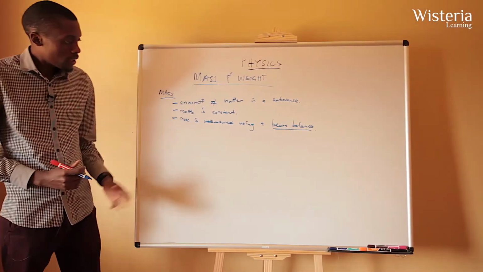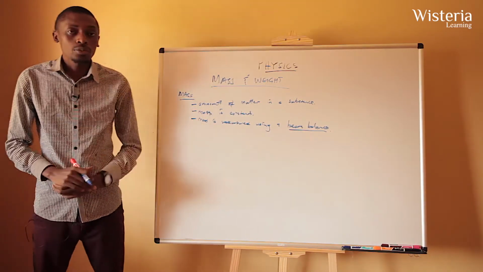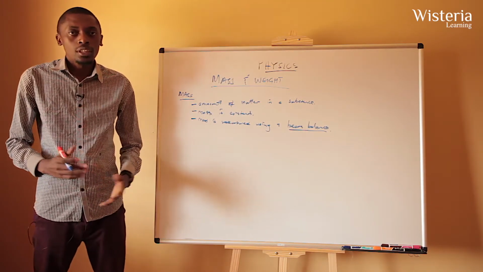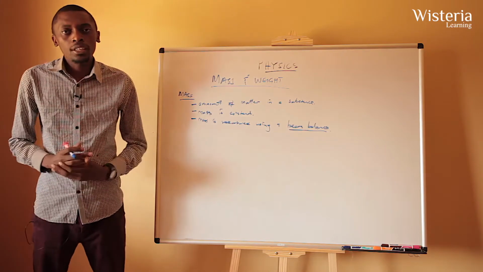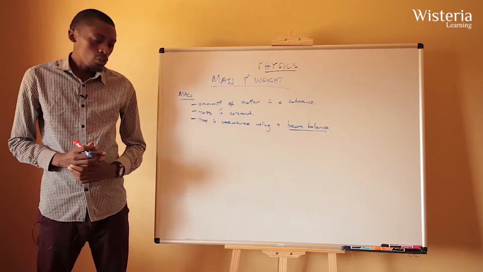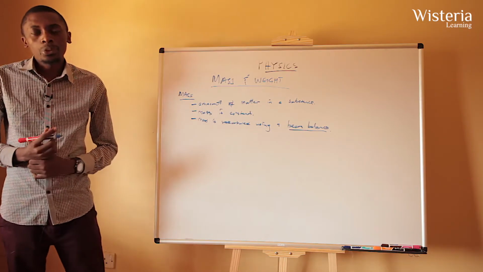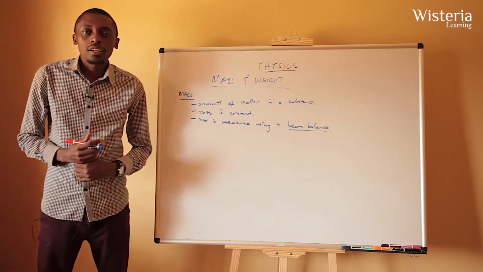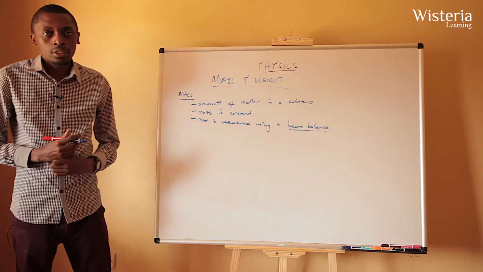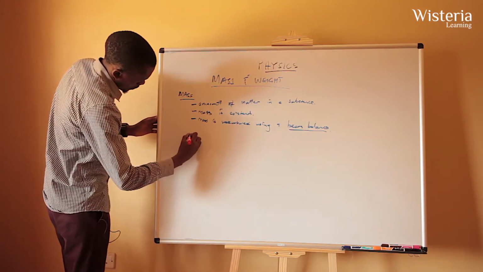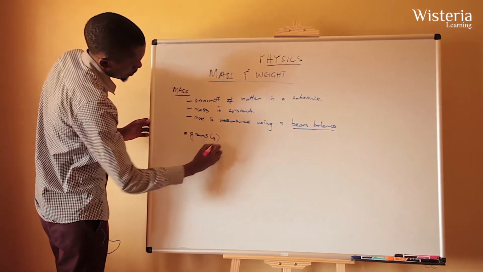So after looking at the three important points about mass, we can go on to look at the units in which you can measure this physical quantity mass. We can measure mass in different units. The important ones according to the exam are as follows, and how they relate to one another. The first one, we can measure mass in grams.